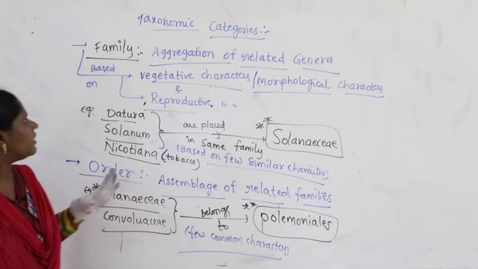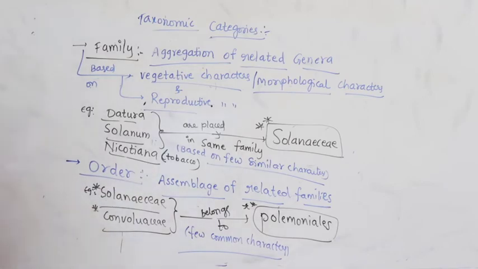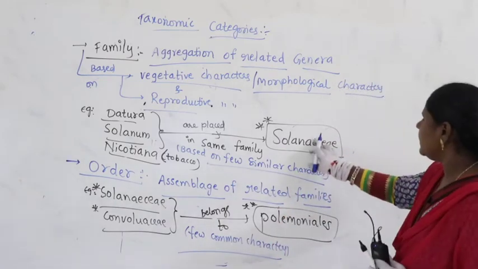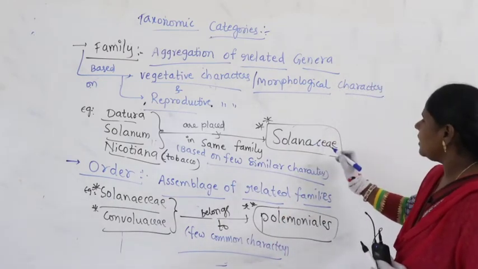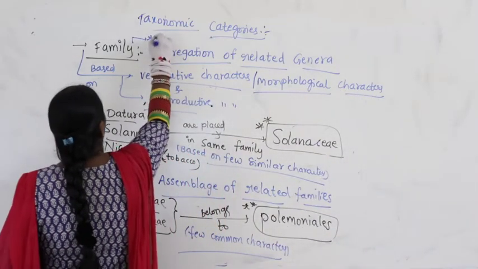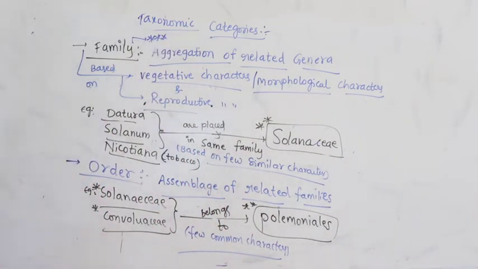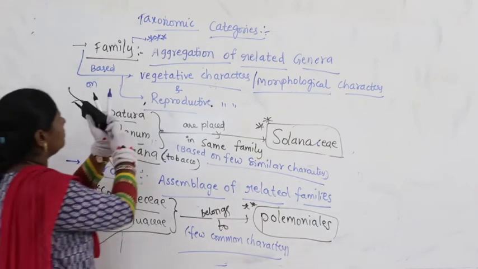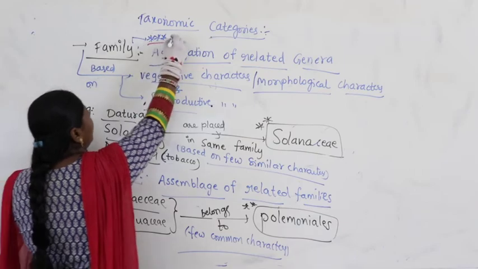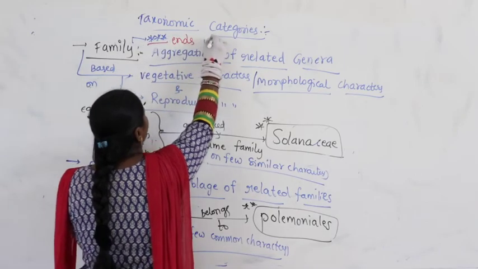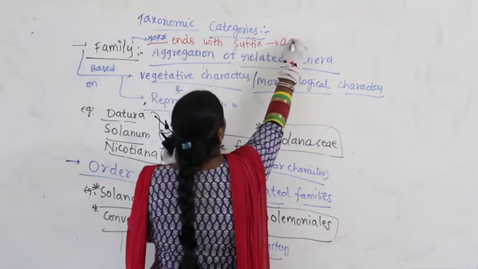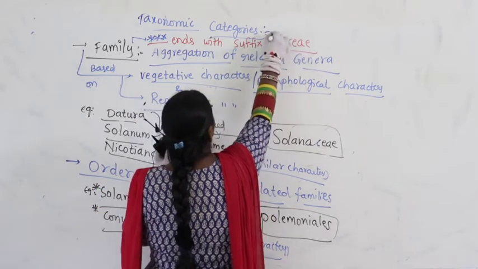So, if you look at both the cases, guys, try to remember one more thing. If you take the family, try to remember this part. I will give you this point. Family names end with the suffix -aceae, very important.